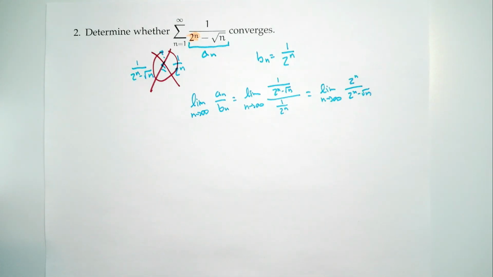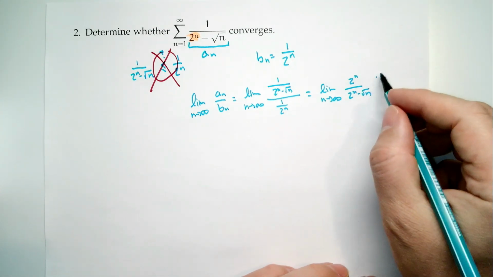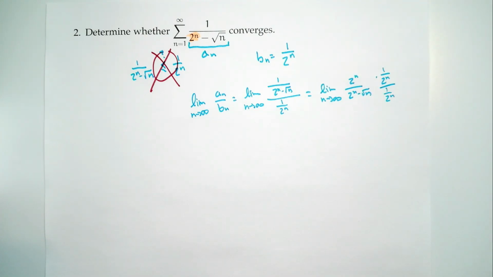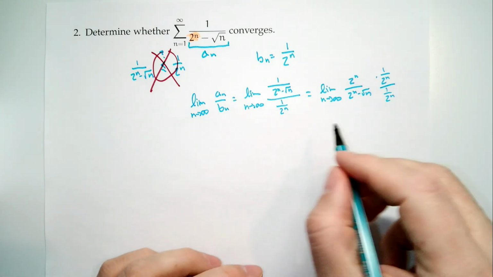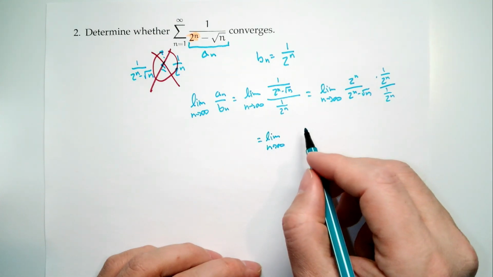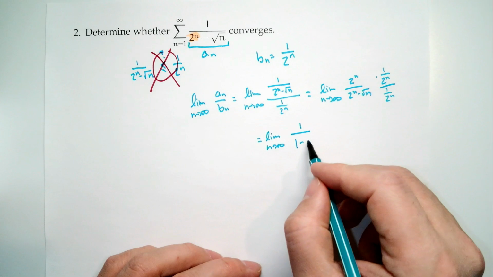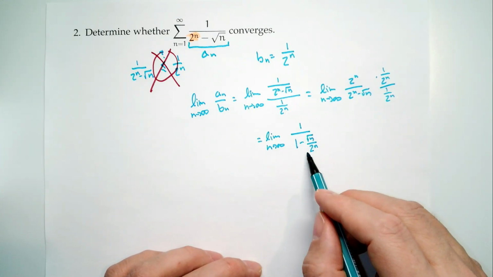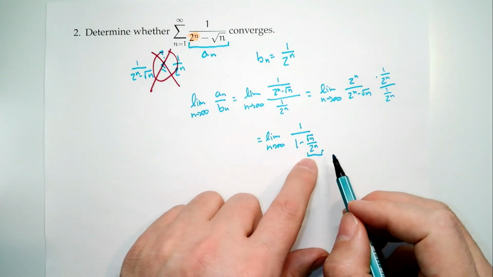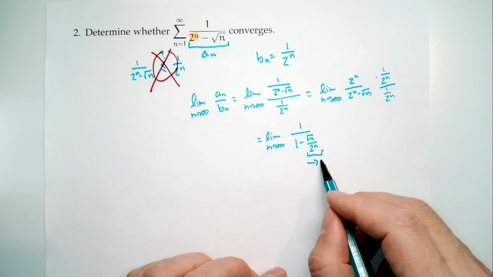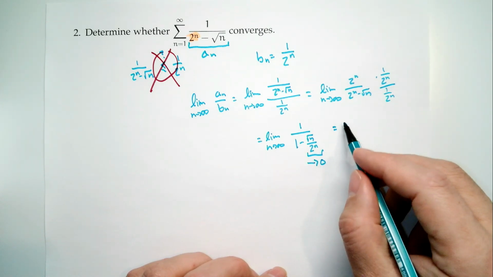But really what's happening here is you say, let's divide out by that largest term on both top and bottom. And the largest terms will be the same. We've designed it to be the same. So this is really the same as the limit as n goes to infinity of 1 over 1 minus root n over 2 to the n. And now, aha, this term right there. See, polynomial over exponential. Exponential always wins that race. So the limit is 1.